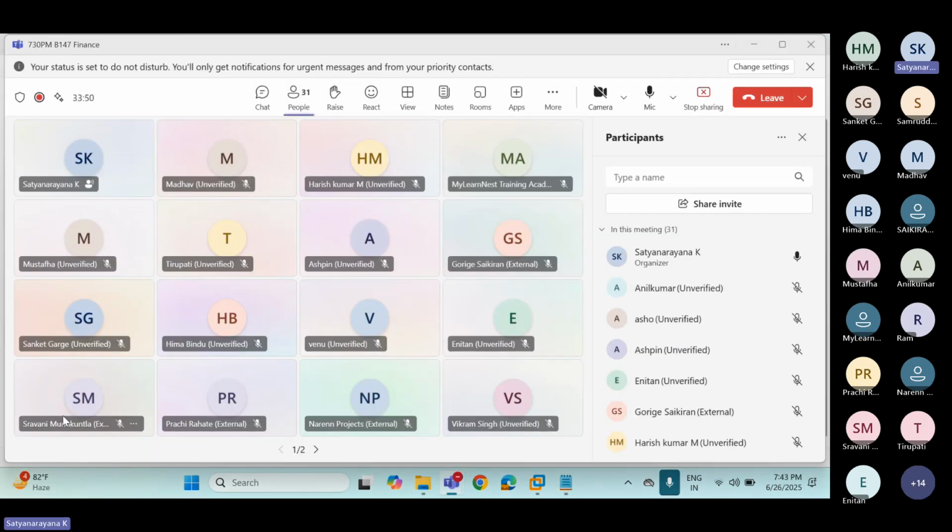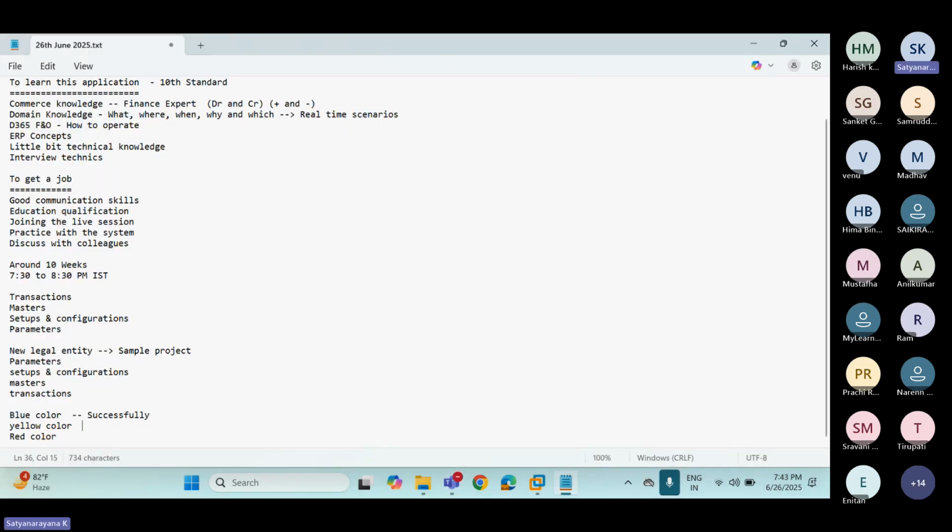Yellow color means warnings. You need to understand warnings whenever you are doing practice. Red color means stopped the process. So your focus is these two, warnings and errors you need to understand. This is stopped the process, that means errors.